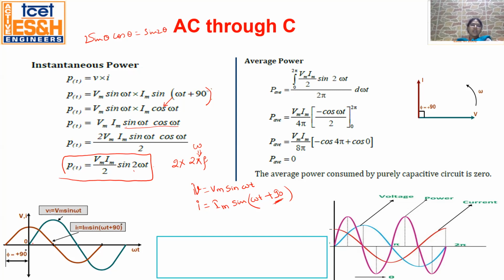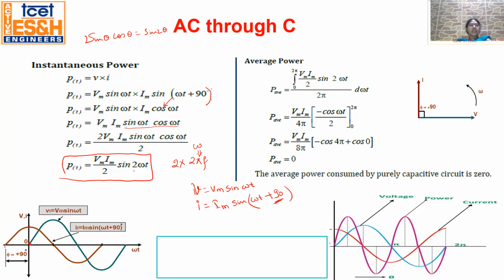So see, the green one is the waveform for voltage, and the red one is for the current. Voltage is starting at 0 and follows this pattern, whereas at the time when voltage is 0, the current across the capacitor already has the peak or maximum value. So the current waveform starts from this maximum value at voltage equal to 0.